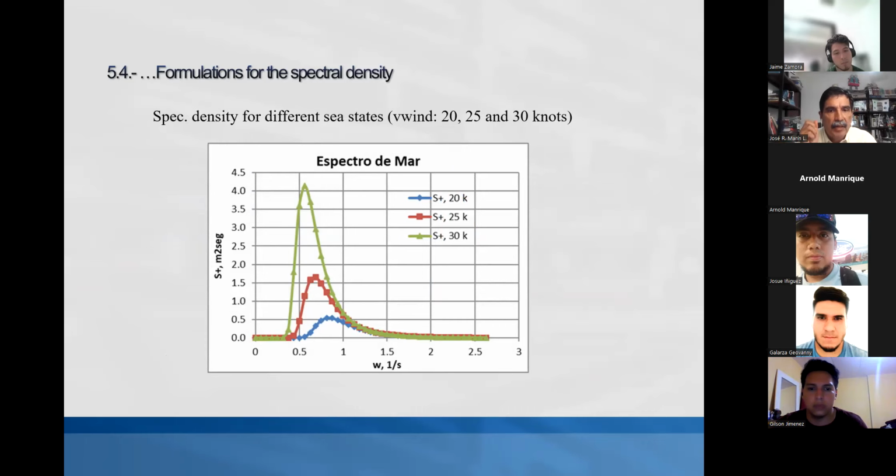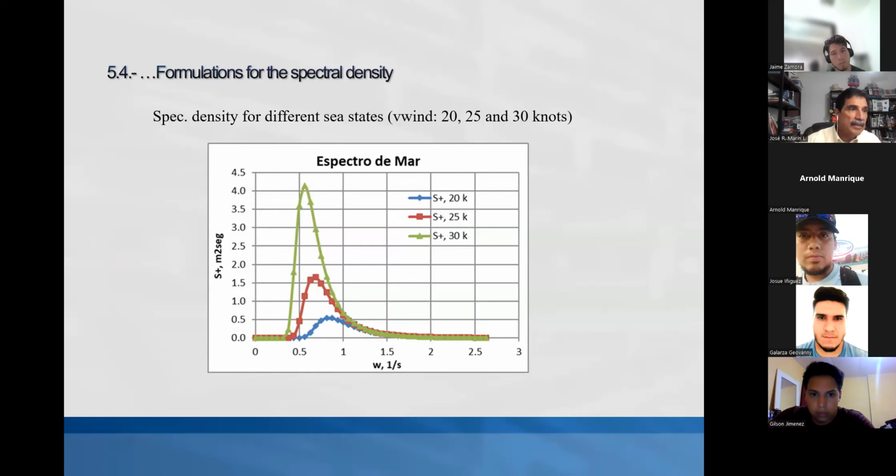Okay, for example, here, I have 3 states. I employ only the formulation from Pearson-Moskowitz. The green is with 30 knots, the red is with 25, and the blue with 20.